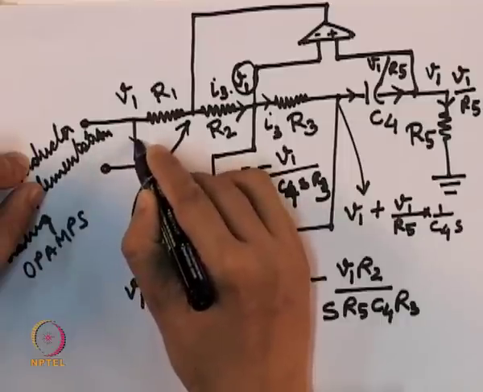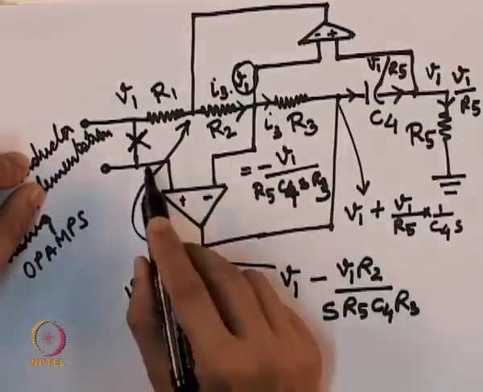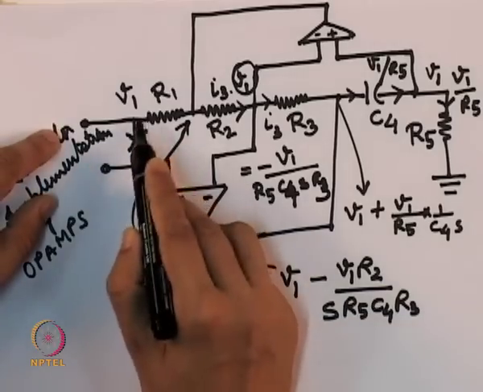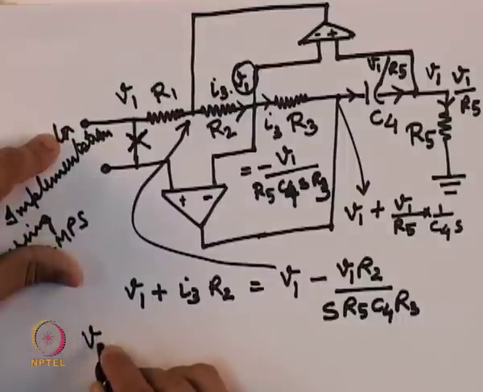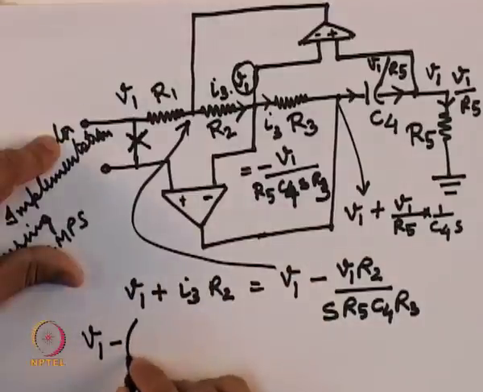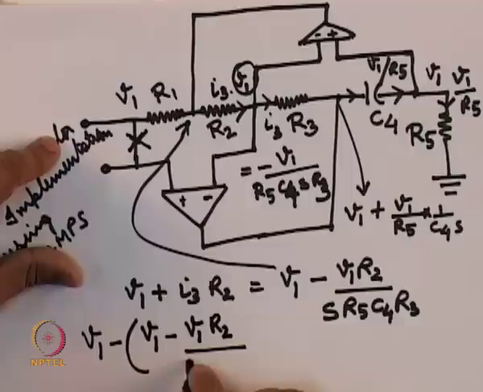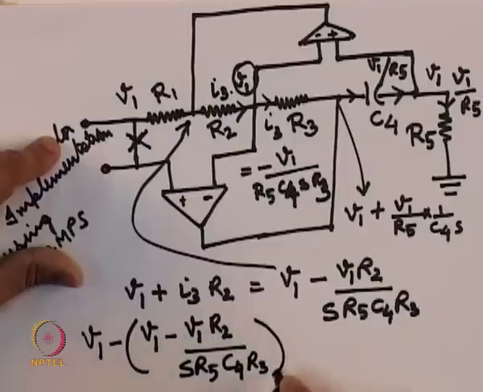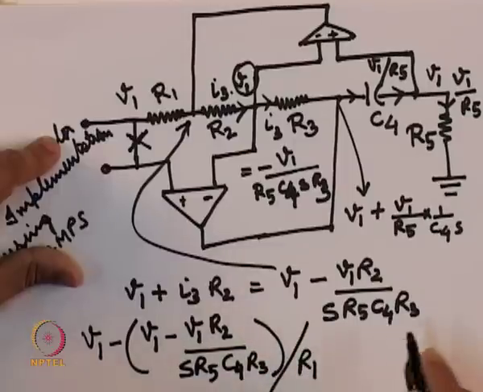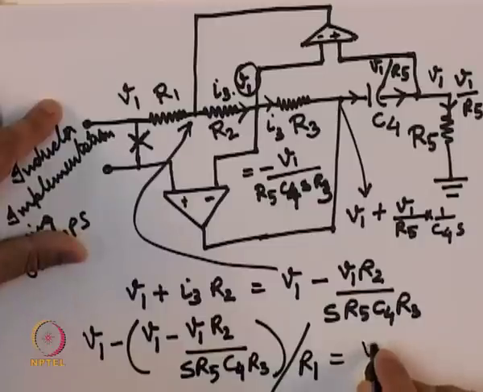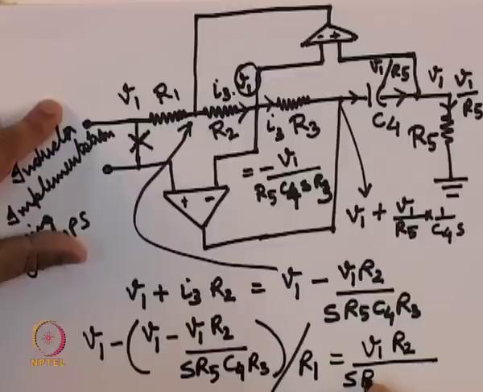Now, since again no current is flowing through this terminal, through this line, therefore, the current flowing through R1 is V1 minus the voltage at this point, which is V1 minus this whole upon R1, which is equal to V1 R2 upon S R5 C4 R3 R1.